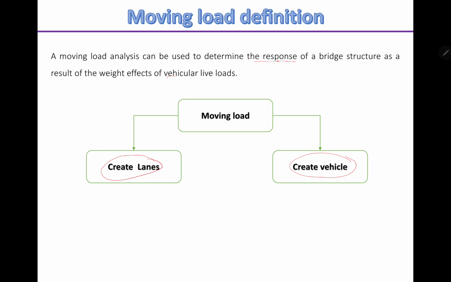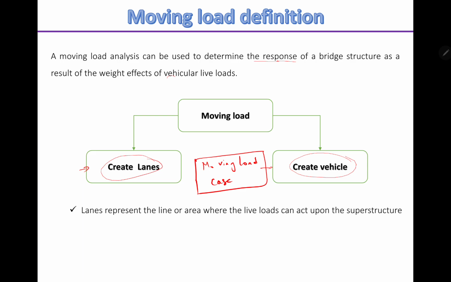We will first create lanes, then we will create moving vehicles, and we will associate them in a moving load case. So a moving load case is an association between lanes and vehicles. Lanes represent the line or area where the live loads can act upon the superstructure.